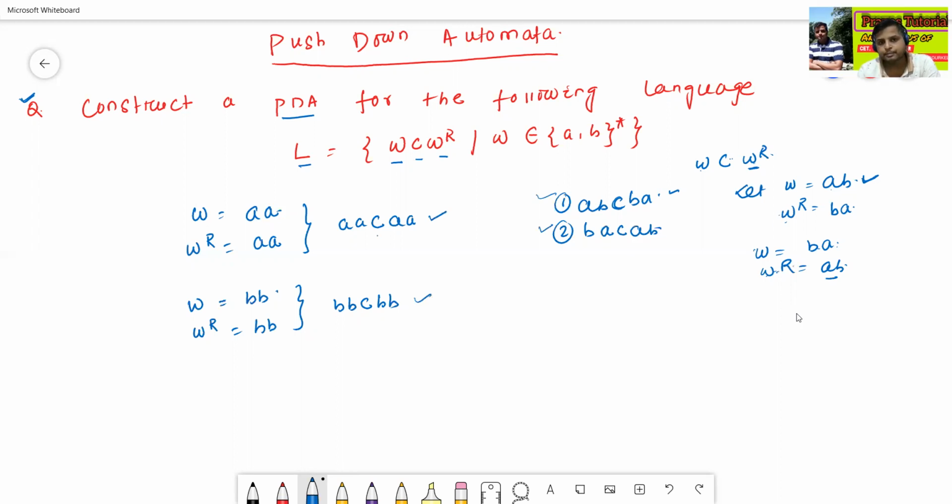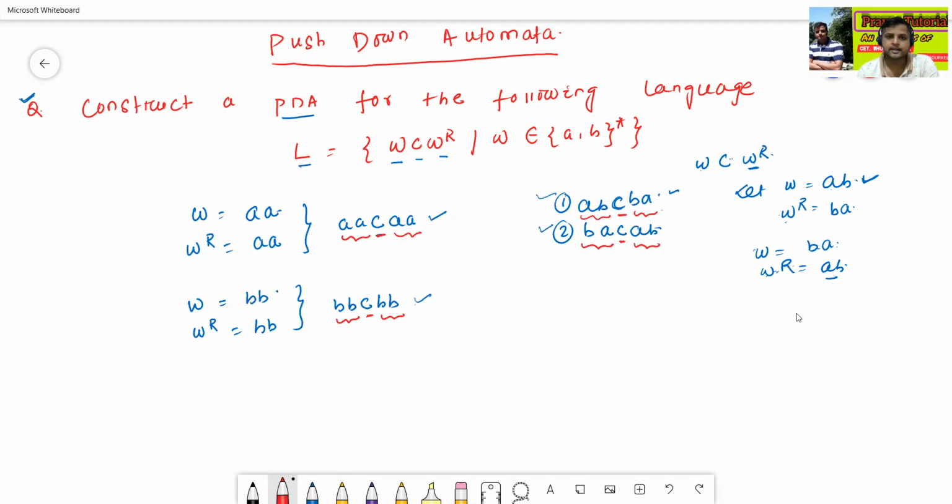See here, before C there are two elements, after C there are two elements. Similarly in the second case, before C there are two elements, after C there are two elements. Here it is also the same.